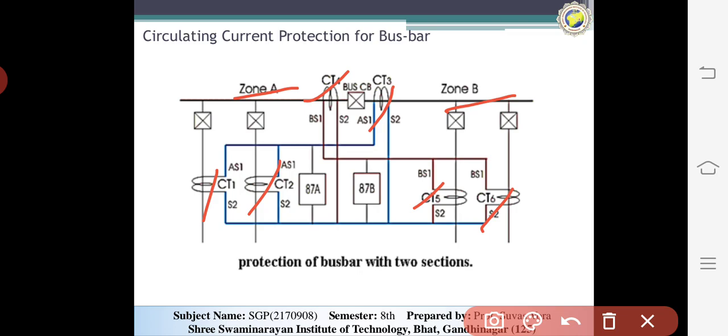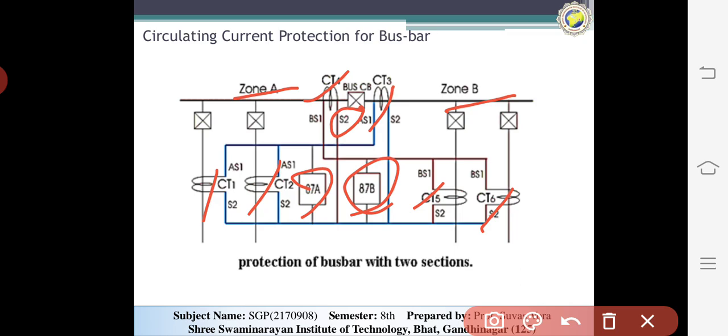Now you can see that the S2 terminals of all CTs are connected together to the common bus bar S2. Now for the bus bar protection relay zones, two relays will be put: one for zone A across S2, and another relay will be connected with zone B.